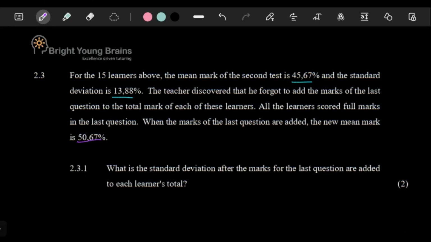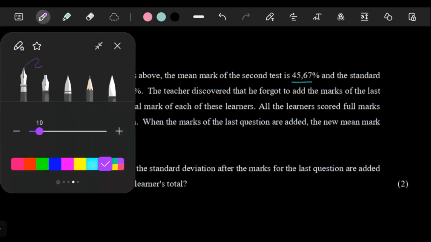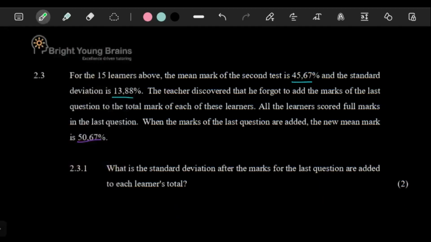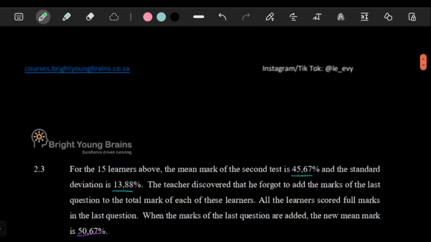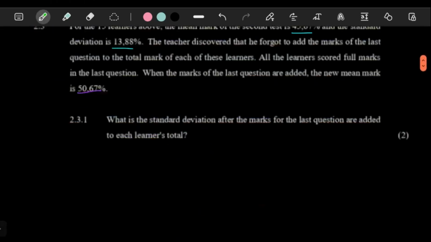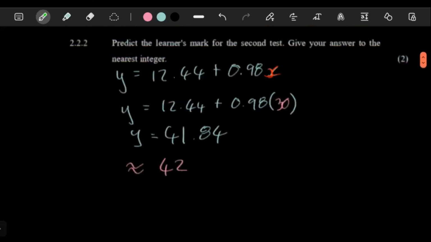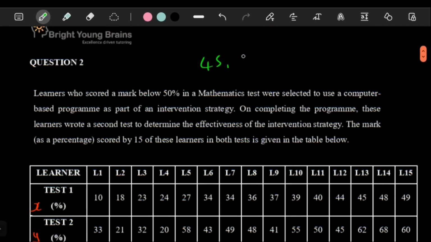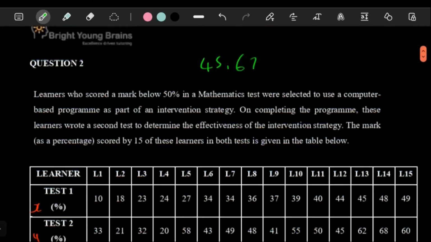You have to remember that your standard deviation gives you an idea of how far each piece of data is away from the mean on average. So if your average is 45.67, they check from 10 to 45 point something, what's the distance, and write it down.